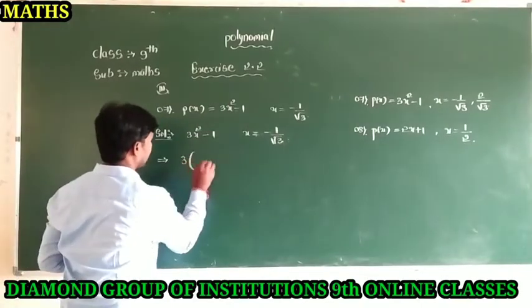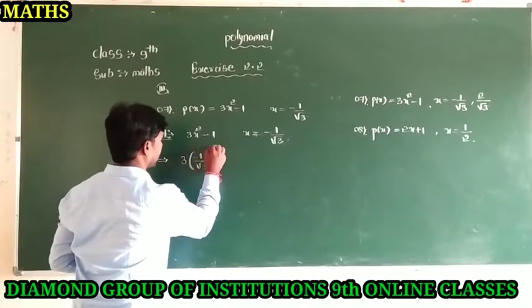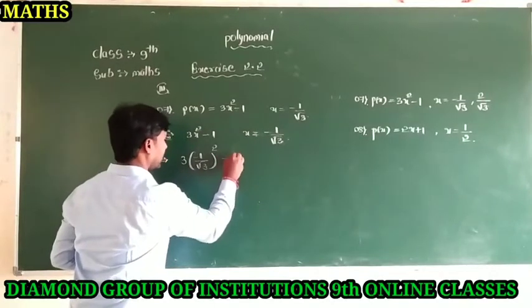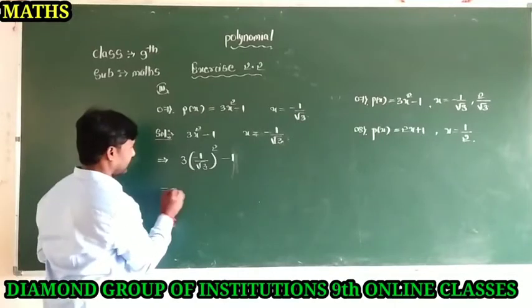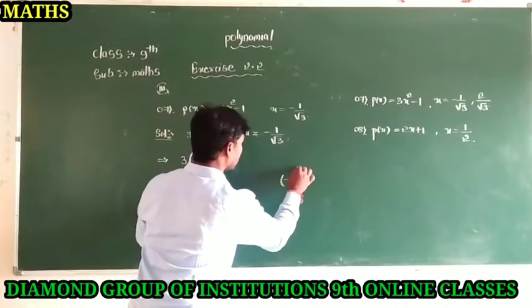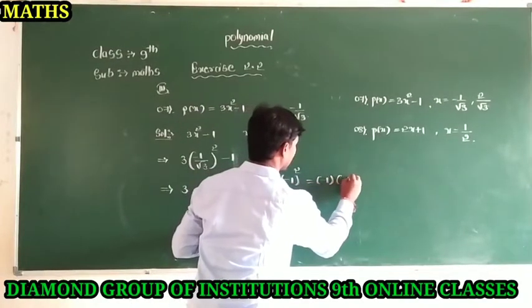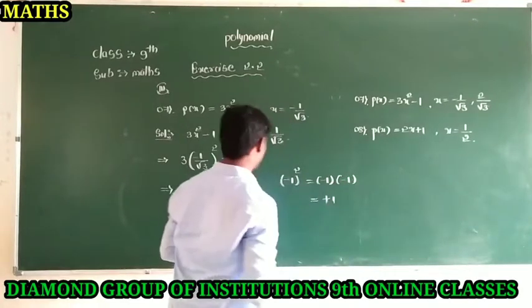So 3 as it is, here bracket minus 1 upon under root of 3 whole square and minus 1 as it is. So dear students, here square is there. So let us see. So 3 I am writing as it is. One more time instruction: minus 1 whole square means it is written as minus 1 and minus 1. So minus into minus, we got here plus 1 into 1 is equal to 1.